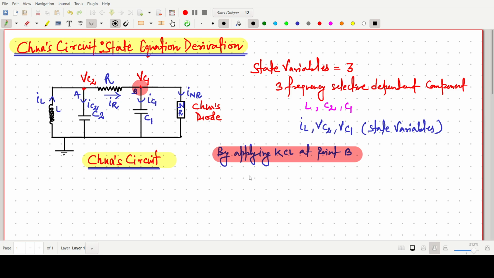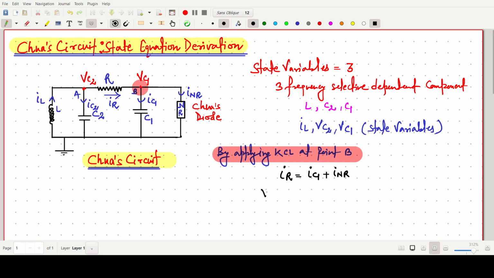That can be simply written as IR, the current through the resistor, equals IC1 plus INR.